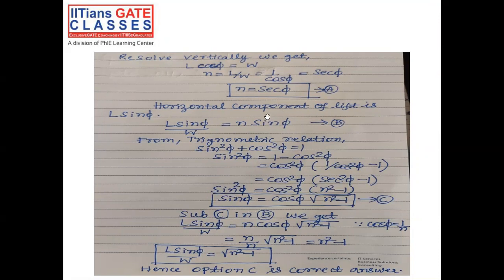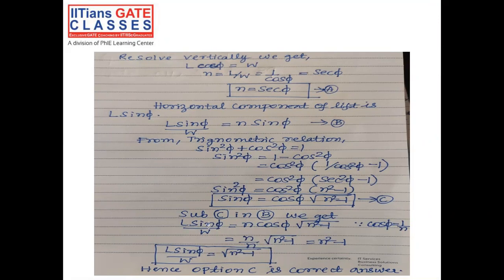Substituting this in the above equation, my equation becomes n cos phi into root of n square minus 1. Cos phi is nothing but 1 by n, because secant phi equal to n means cos phi is 1 divided by n. So if I substitute cos phi as 1 divided by n, the n is cancelled.